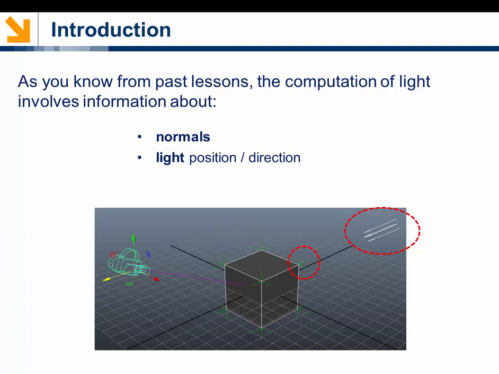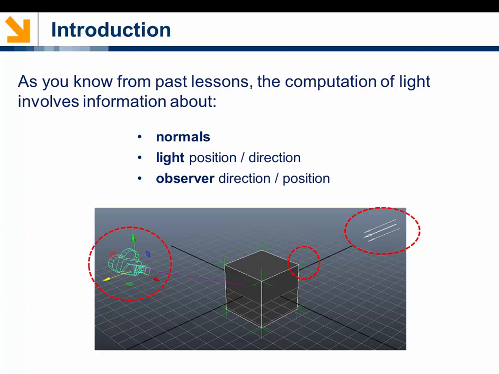We will see some different types of light sources, like for example directional light, which is the most simple, a light that only has a direction, point lights, lights that have only a position in the space and illuminate starting from that point 360 degrees around them, and spotlights. Spotlights have both a position and a direction.